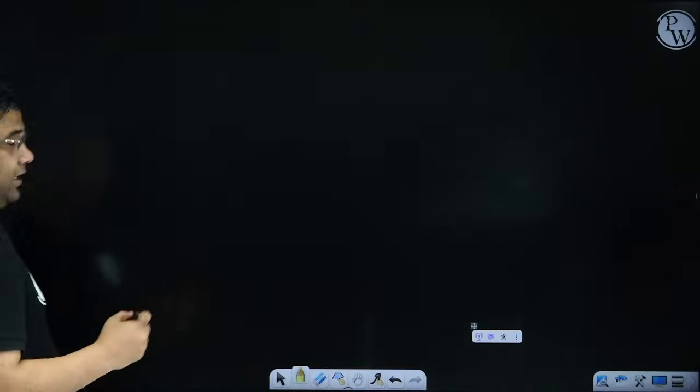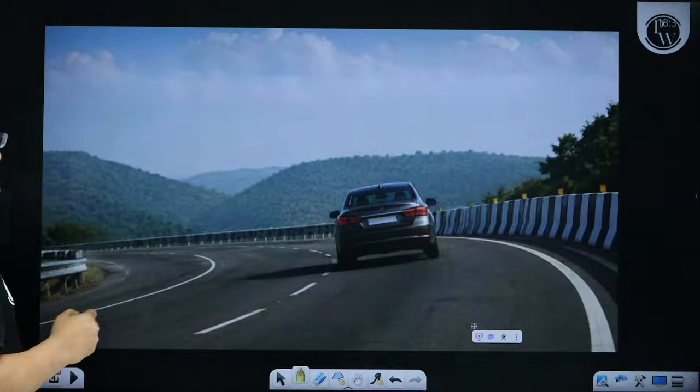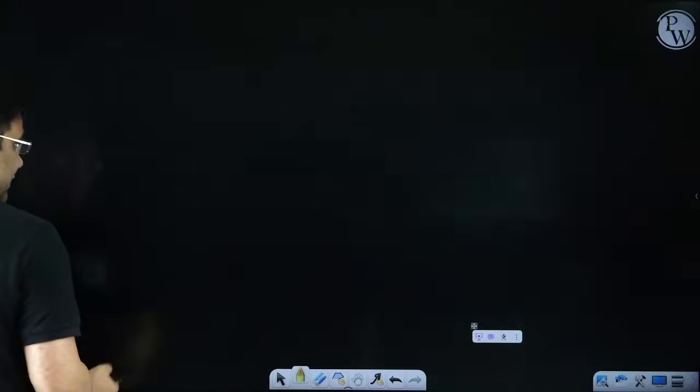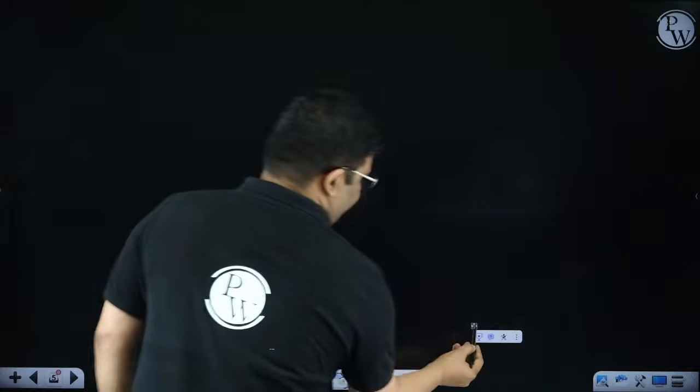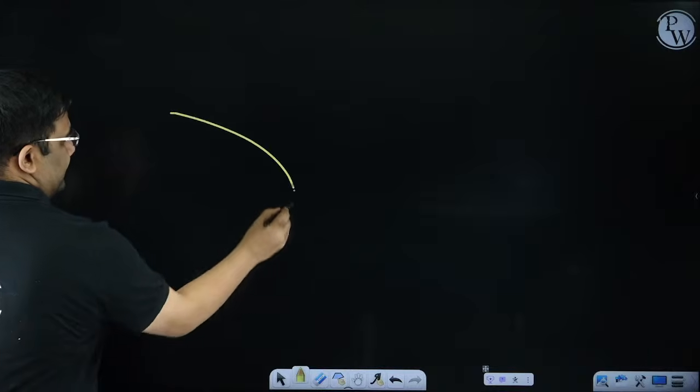If we see a curve, whenever a body is traveling on a curve, it experiences centrifugal force. So if you have a curve like this, this is a horizontal curve. Let me just draw this curve for you, something like this.